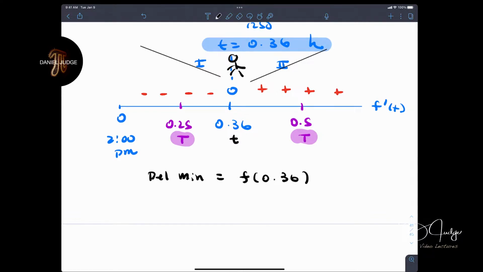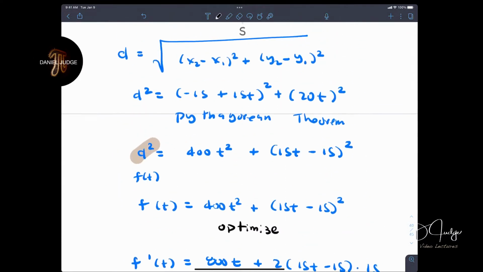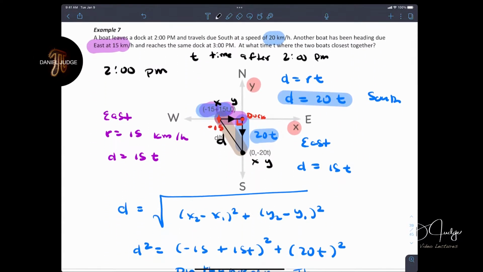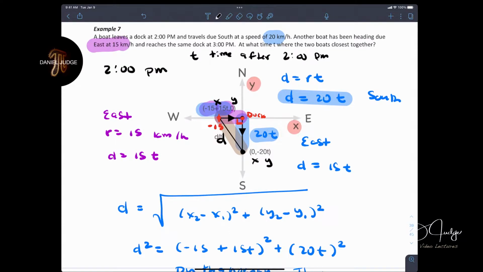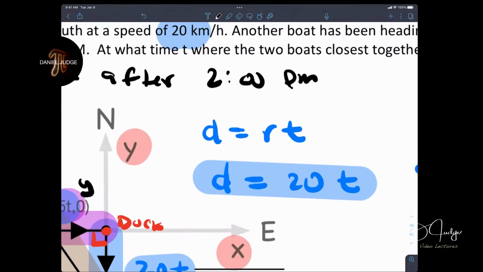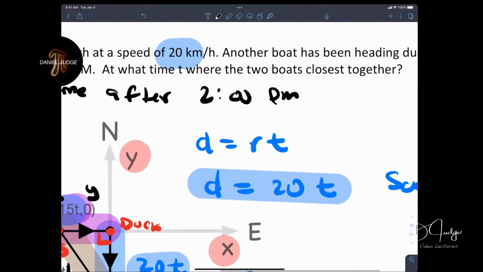Minimum distance. If you go back and you say, well, what are they asking for? Right? They're asking at what time are the two boats here closest together. So they're asking for what t did you have that minimum distance relative, closest together.